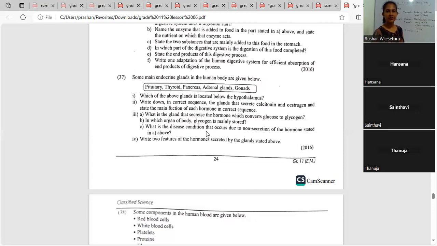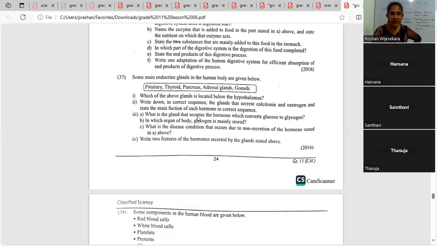What is the disease condition that occurs due to non-secretion of the hormone stated in above A?